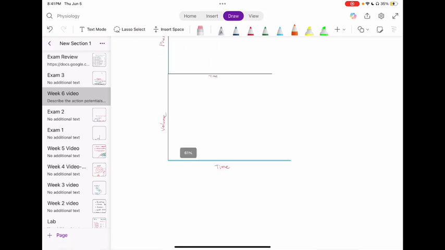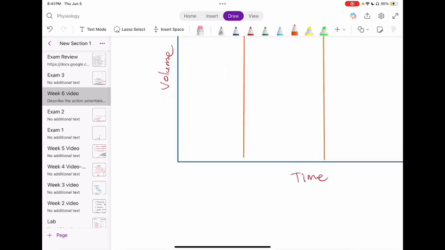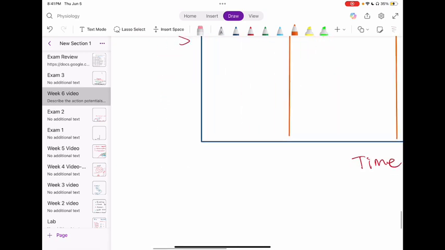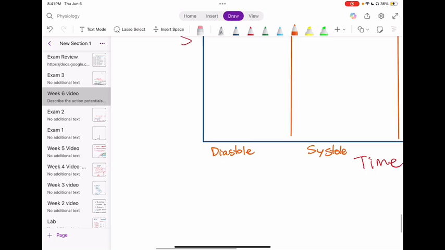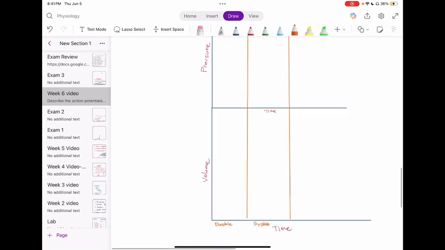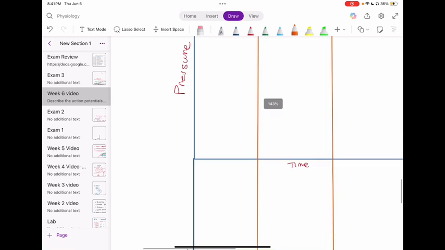What these dividers tell us is the difference between diastole and systole. And so it's something that we can understand as we look at this graph.